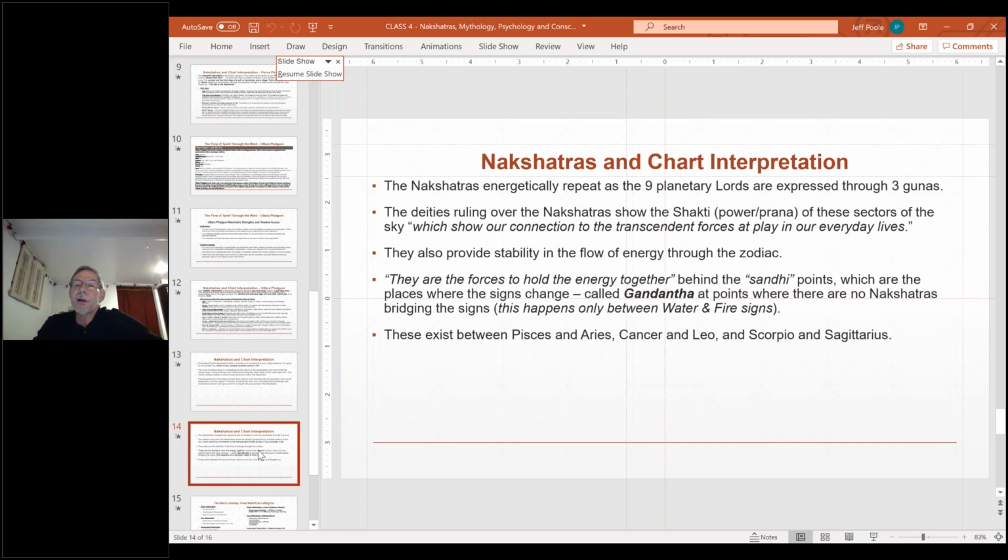Now, watch. Does she have Purva Phalguni or Uttara Phalguni also, or is it just Magha alone? It's just Magha alone. Okay, so you can see the power.